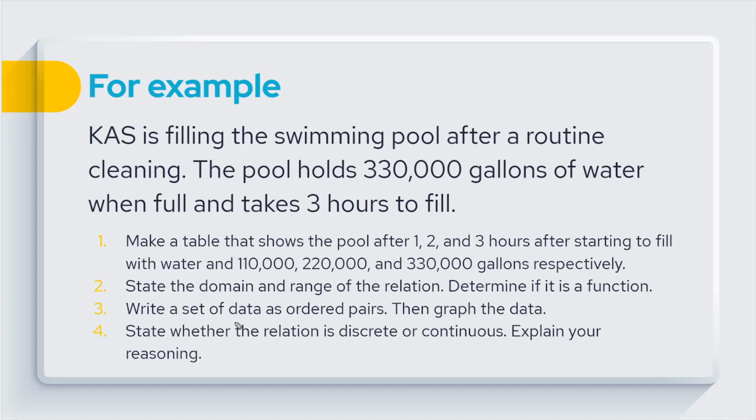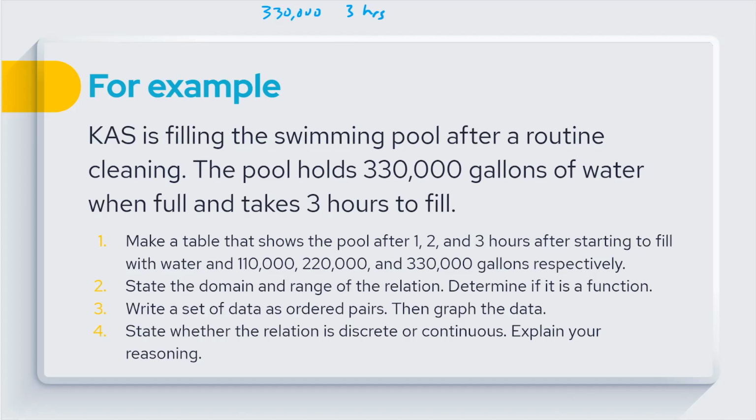We did not determine if it's a function or not, but it was, because every x value we put in gave us a different y value. Write a set of data as ordered pairs, then graph the data, and then state if it's continuous or discrete again. So let's write these numbers down, so it's 330,000, takes 3 hours. Okay.